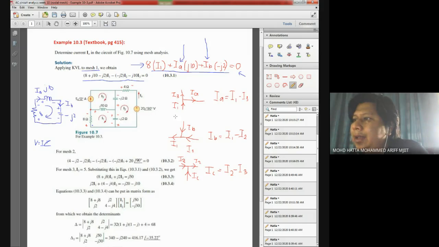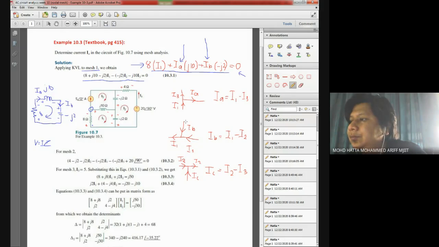Therefore, for IA, I'll be looking at this point here. At that point, I have current I1 coming in, I3 going out from that point, and IA flowing in that direction, because I label this one as positive, since current coming in we label as positive polarity.